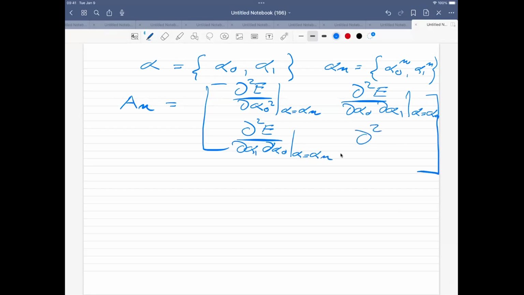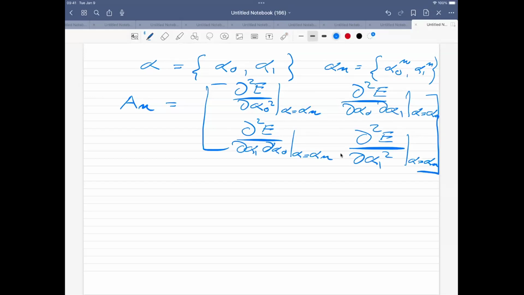And then finally, I have the other diagonal term here, which is d alpha 1 squared, evaluated at alpha equal to alpha of n. So remember now that this function E is a function of both alpha 0 and alpha 1. So when I put this label here, it means that I have to calculate this function both for the value alpha 0 at the nth iteration and alpha 1 at the nth iteration.